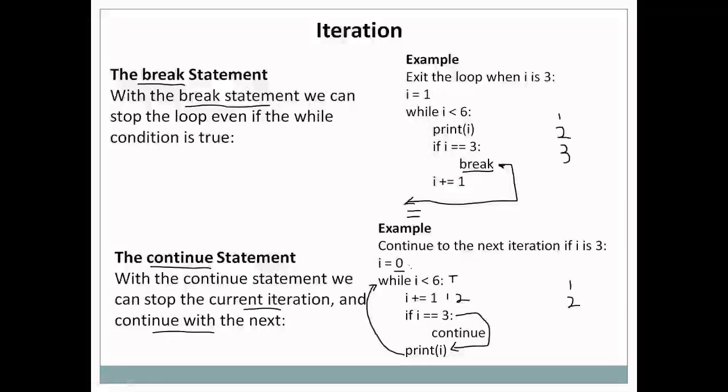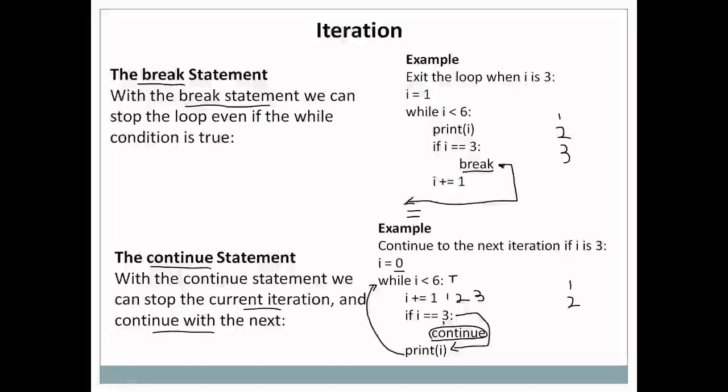Again it will go back to while. Now the value of I, last time it was 2. So 2 is less than 6. Still it is true. If it is true, increment it. Now the value of I is 3. So 3 is equals to 3. Yes, it is equals to 3. If it is equals to 3, this time it will execute the continue statement.